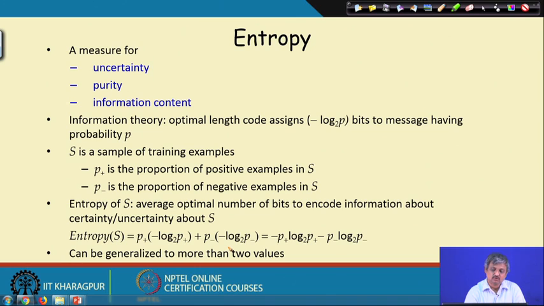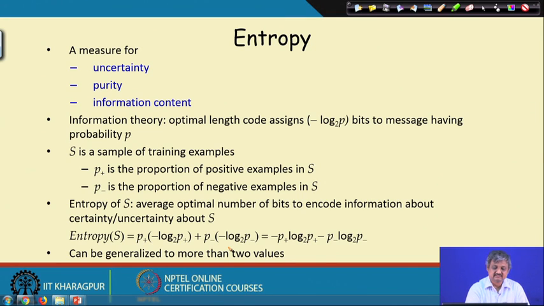Let us say log base 2; you can actually take any base. If you had more classes, say 3 classes, then I will write P 1 into minus log of P 1, plus P 2 into minus log of P 2, plus P 3 into minus log of P 3.